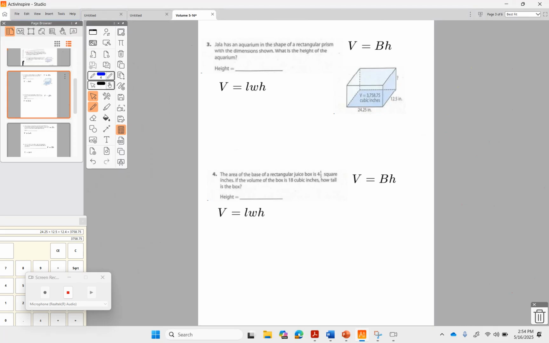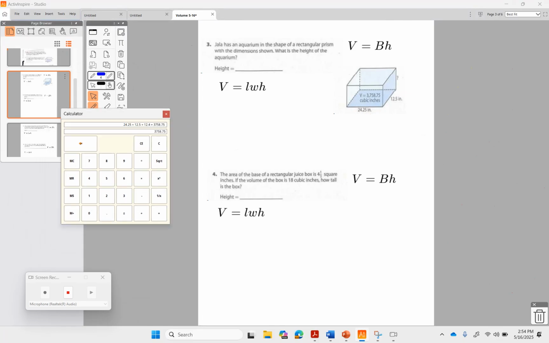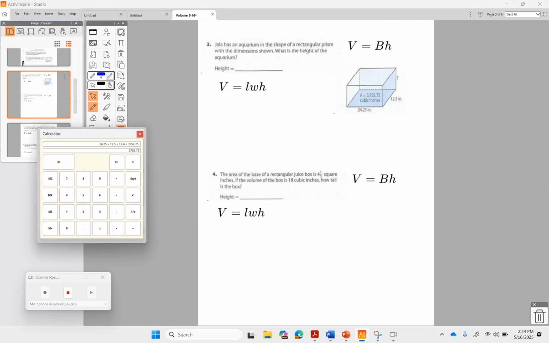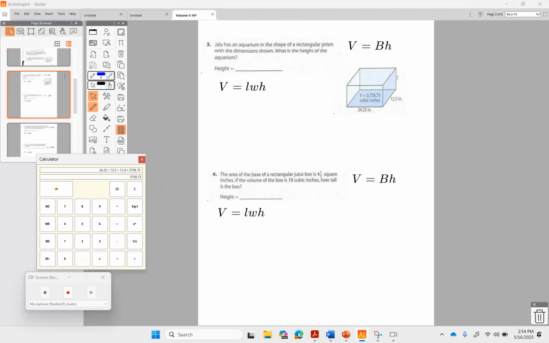Okay. The area of the base of a rectangular juice box. In this case, that's why we're talking about this. They are giving you the area of the base. You can use this one, okay? The volume of the box is 18 inches. The area of the base is 4.5.